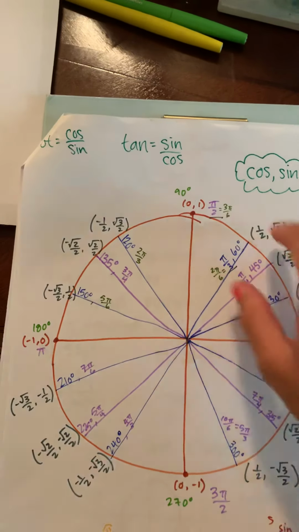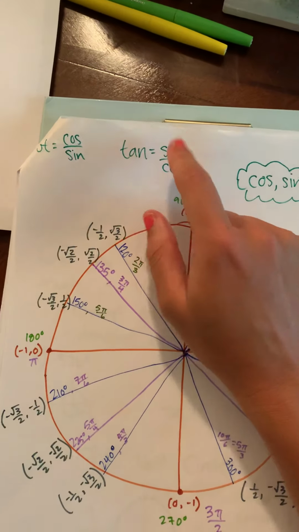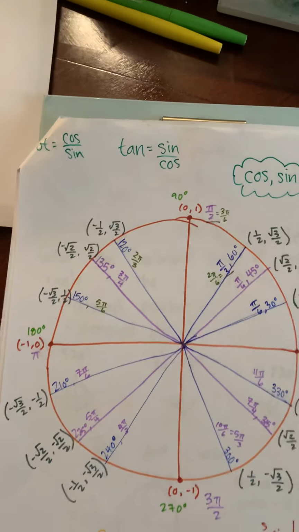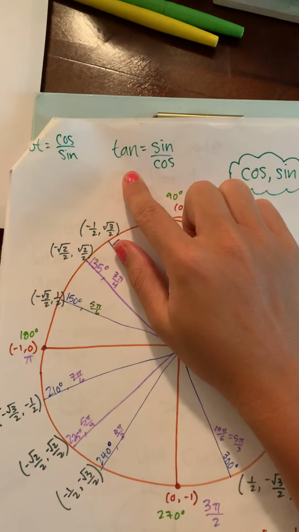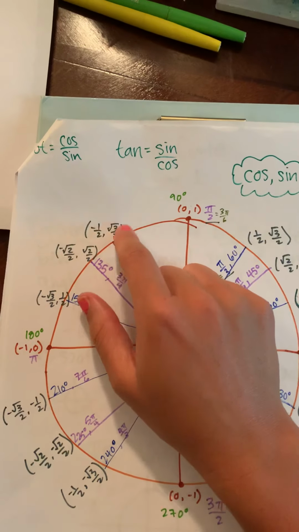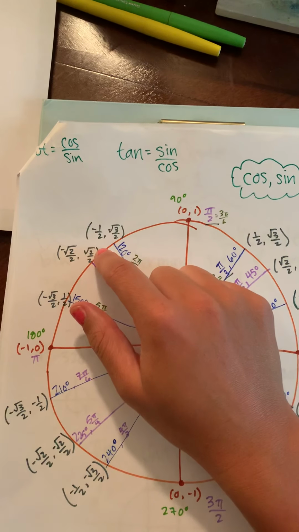Then, furthermore, if they ask you the tangent of something, the tangent is always equal to sine over the cosine. And the cotangent is equal to cosine over the sine. So sine over the cosine would be like if you literally had to take root 3 over 2 divided by negative 1/2.